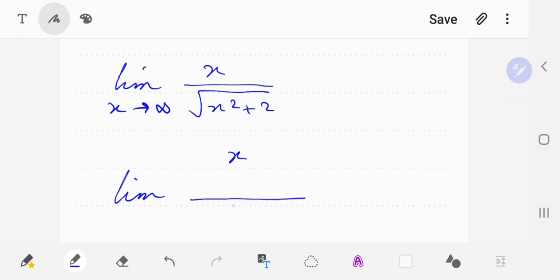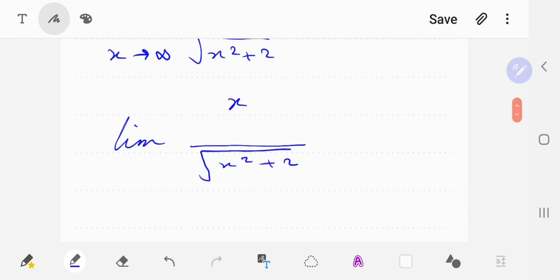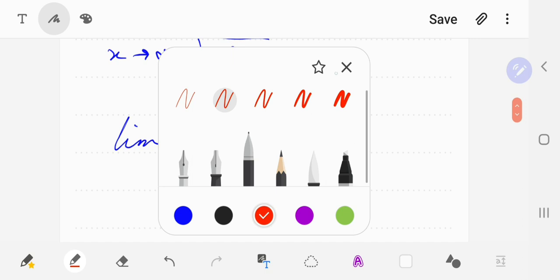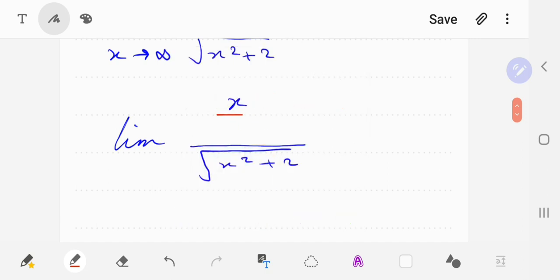The way to evaluate a limit as x approaches infinity was by dividing by x with highest power. So I had to divide inside the square root by x with highest power, so here, square root of x squared.